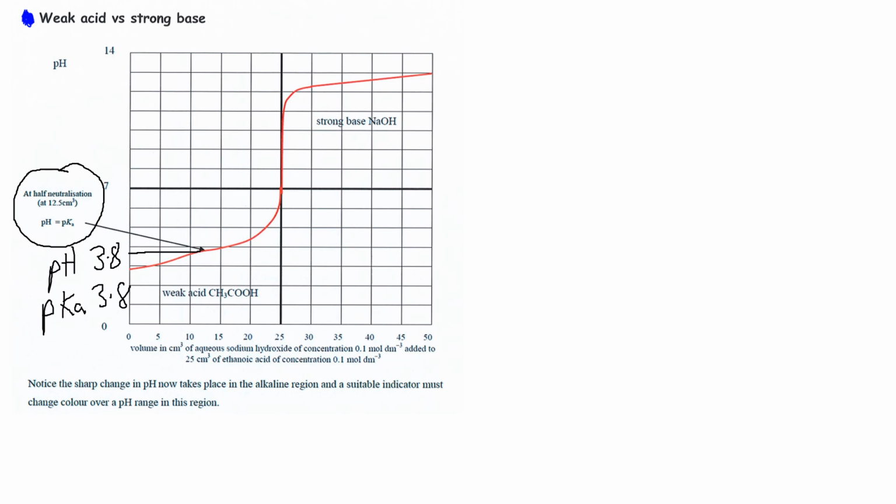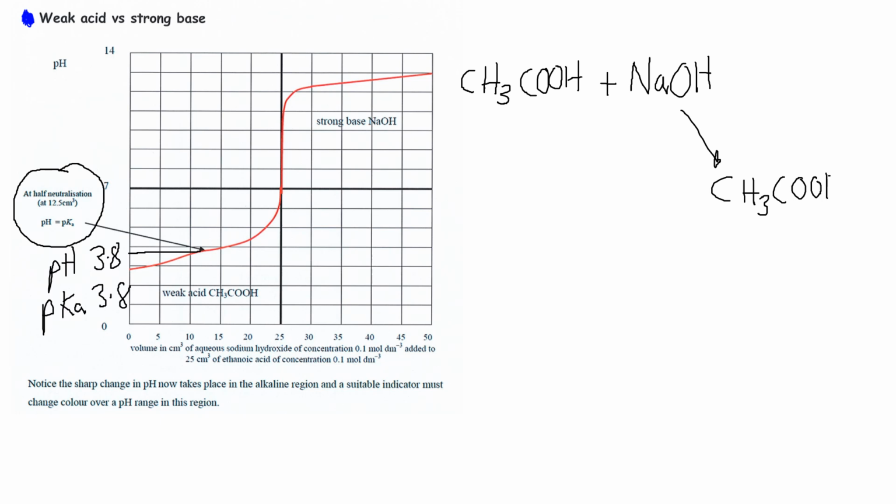So to make a buffer solution, you take a weak acid, like ethanoic acid, you react it with sodium hydroxide, NaOH, and what you form is the salt, CH3COONa, and water.